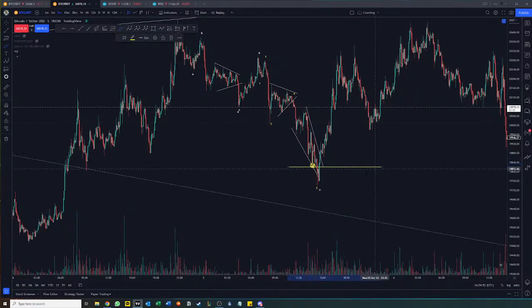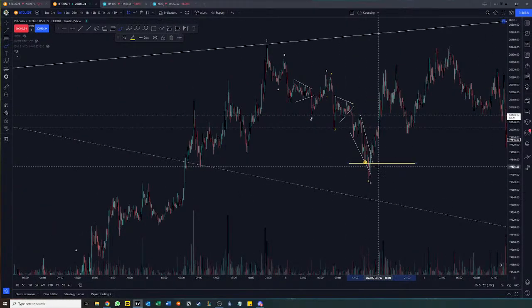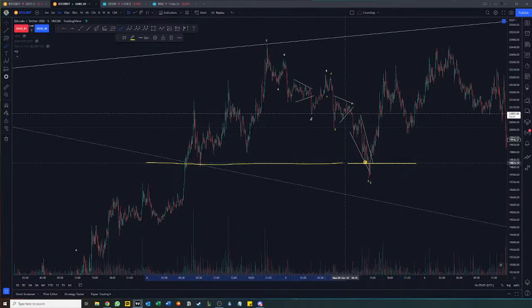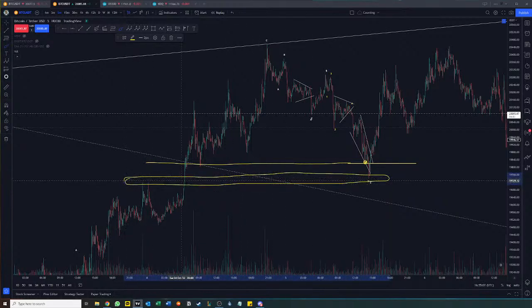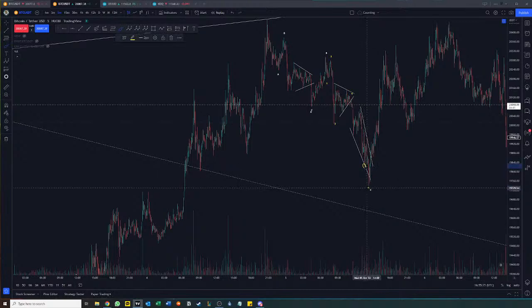But they also went down one more time, and I believe this is due to the demand being at this area where the extension happened. People like to buy at the extensions, so I would actually take half long here and then probably just wait to take another half long here somewhere.